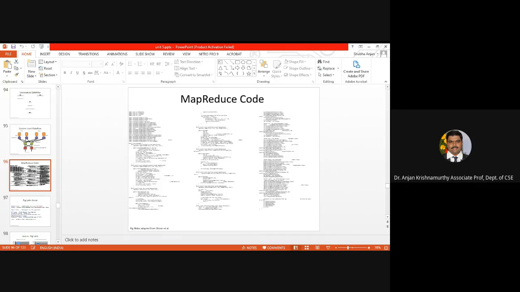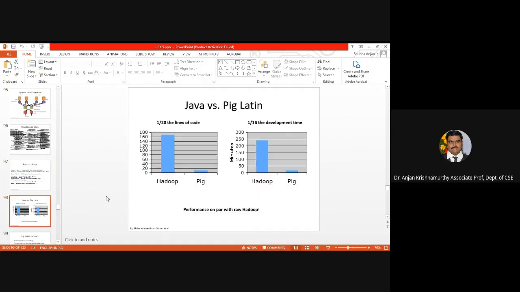Now you can also observe that when you compare Java and Pig Latin, the number of lines of code used differs. In industry, the measurement is the number of lines of code, right? How many lines of code does a programmer write on a per day basis, right?